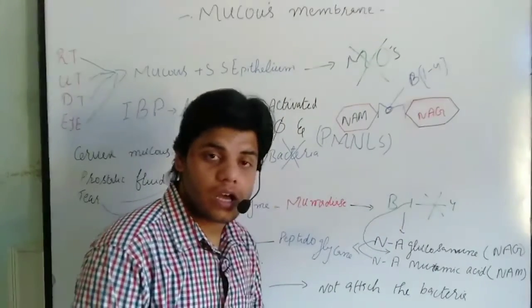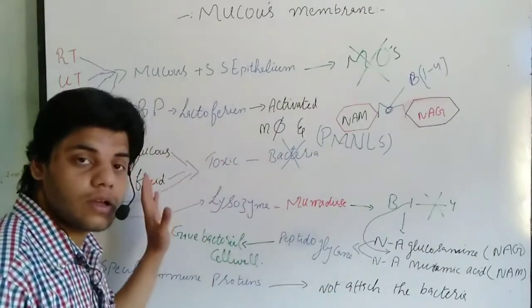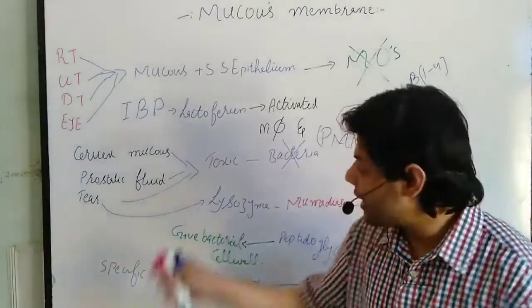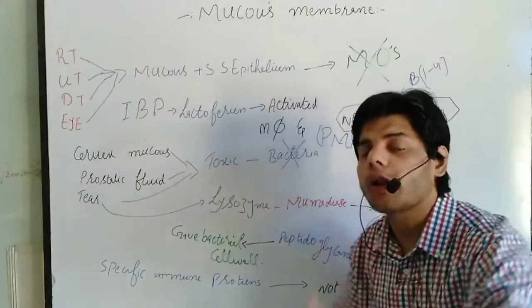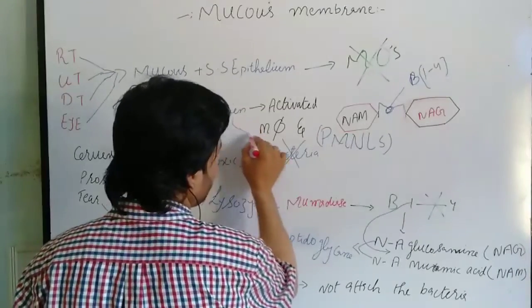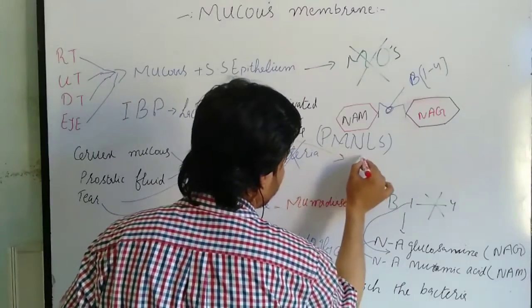Once the lactoferrins are produced from the mucus, what actually happens? This lactoferrin falls on a bacterial cell. So let's say these are the lactoferrin.